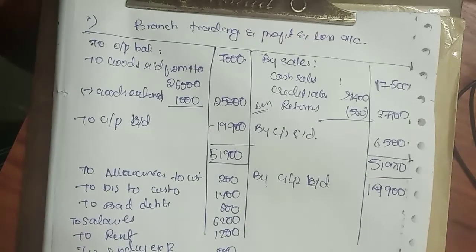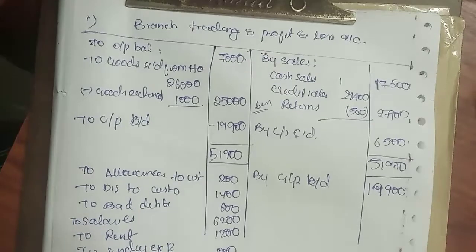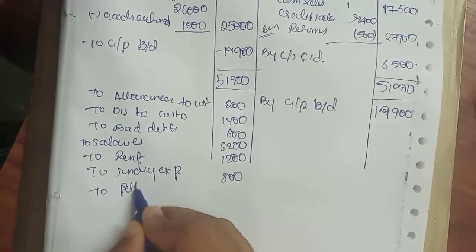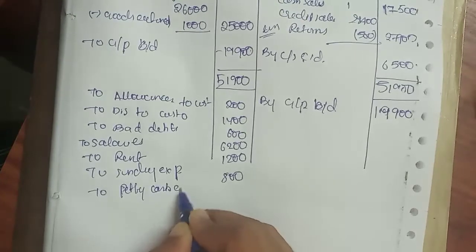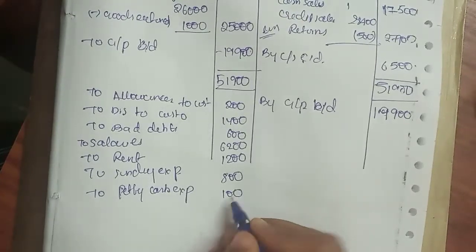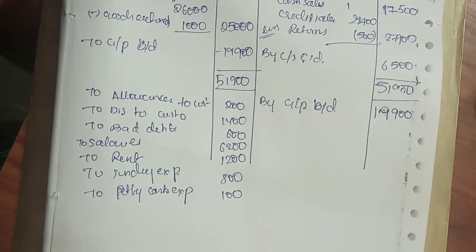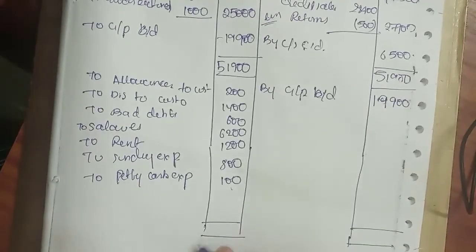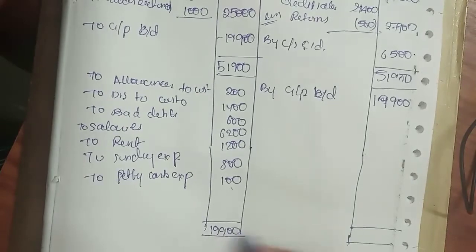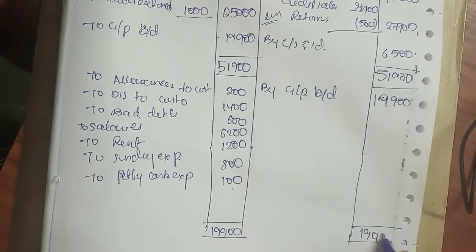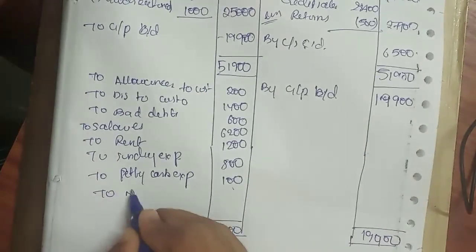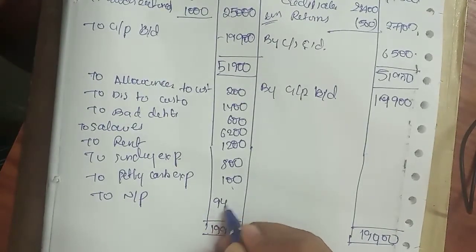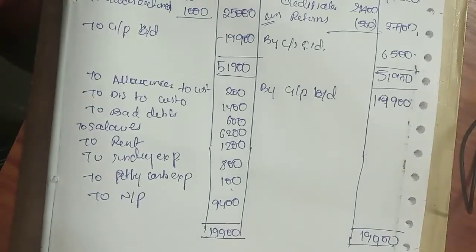Then also write petty cash expenses which we found out. Petty cash expenses 100, that is 200 minus 100 is equal to 100. Then write the total as 19,900. You get a net profit of 9,400. That's all about this question.